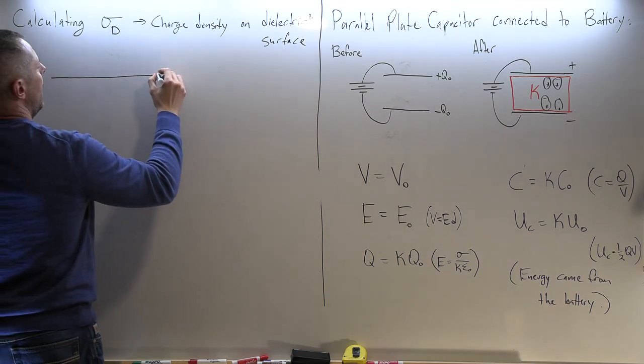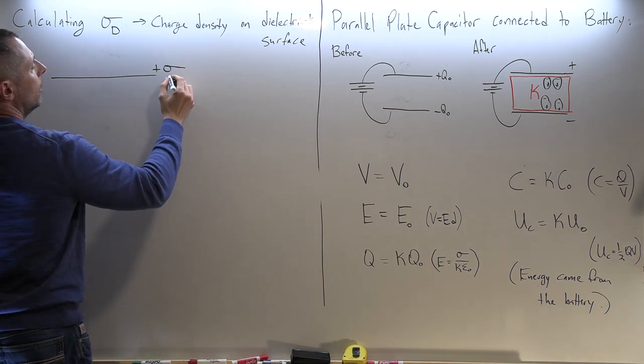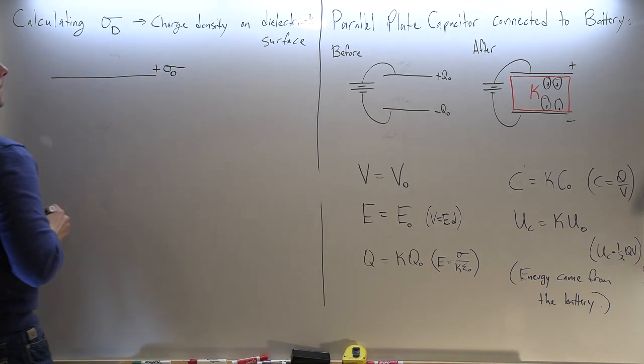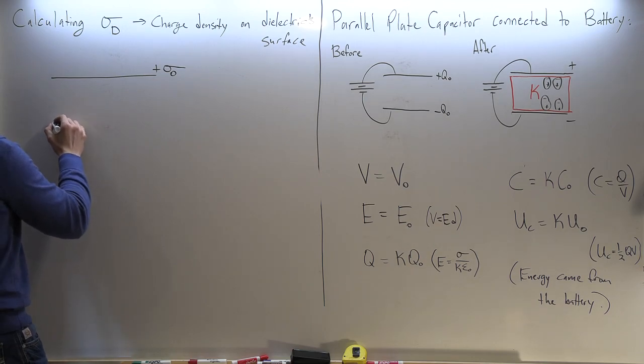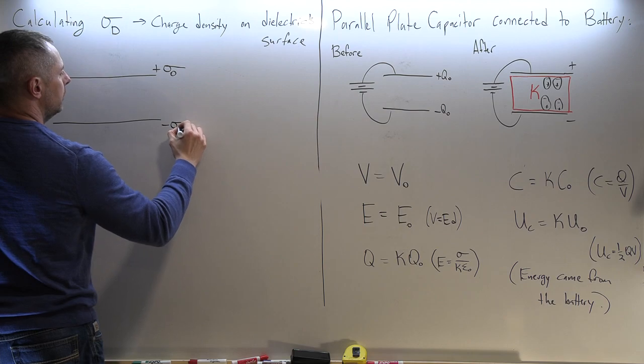So here's our capacitor. Let's now not call it charge Q, we'll call it sigma 0, the charge density on the capacitor plates.